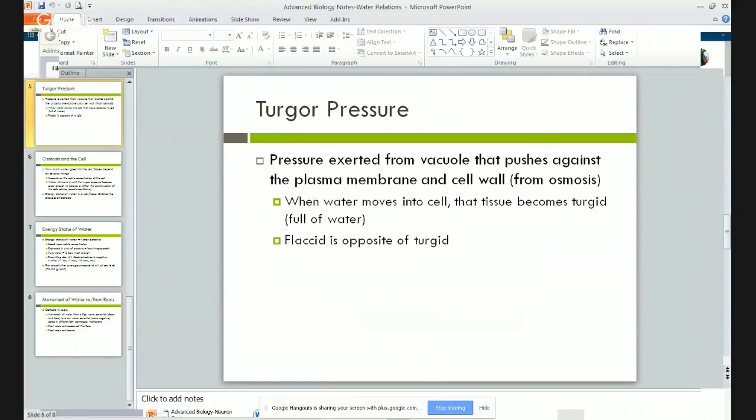The opposite of turgid is flaccid. I wouldn't say dehydrated, but definitely lacking water. So when your plants droop off to the side because they don't have water, those cells are flaccid because they don't have a lot of water in their vacuoles exerting that turgor pressure.